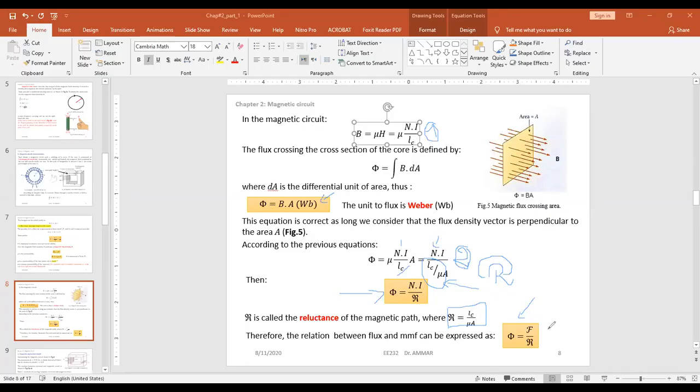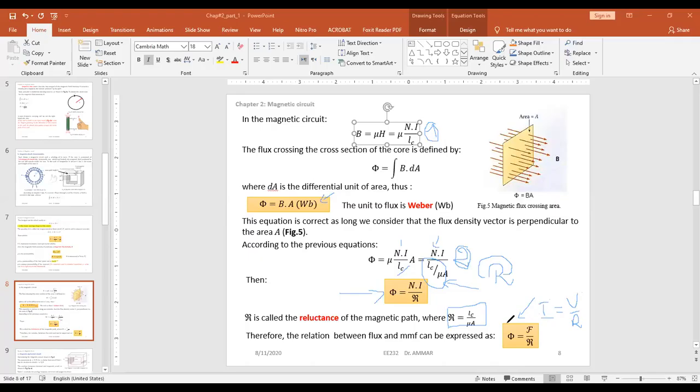You can see this expression is similar to Ohm's law. In Ohm's law we have the current I equals V over R, or E. We said that the magnetomotive force has the same role as the EMF, which is the voltage V. R has the same role as the reluctance, which blocks the flowing of the current, and the flux has the same role as the current in the magnetic core.